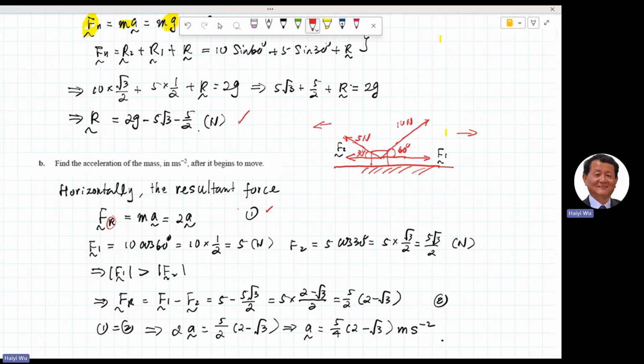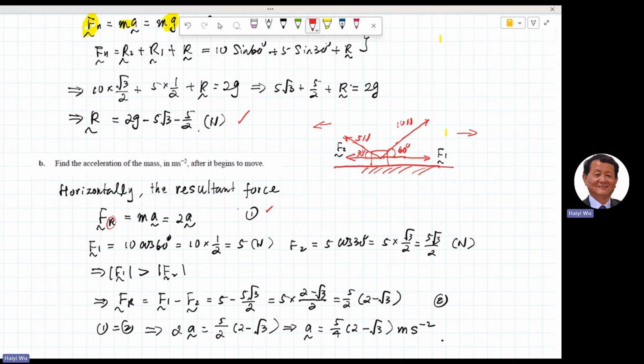Horizontally, with the two other forces, because it's horizontal, for F1 I'm using cosine 60 times 10, which is 5 Newtons. F2 is 5 times cosine 30, which works out to 5 square root 3 divided by 2. Comparing those two, the magnitude of F1 is greater than the magnitude of F2.